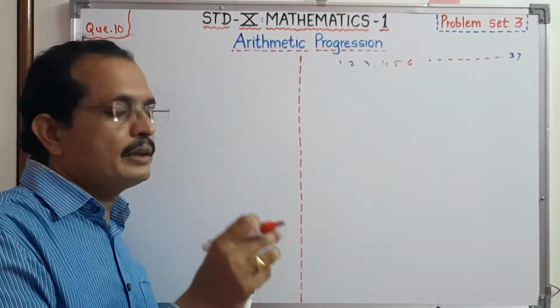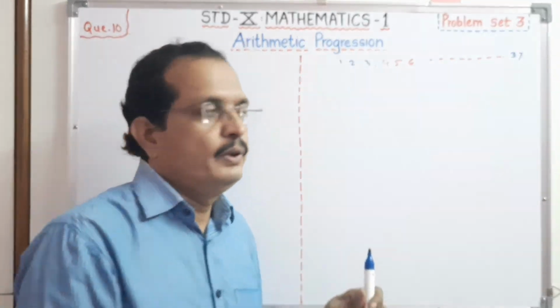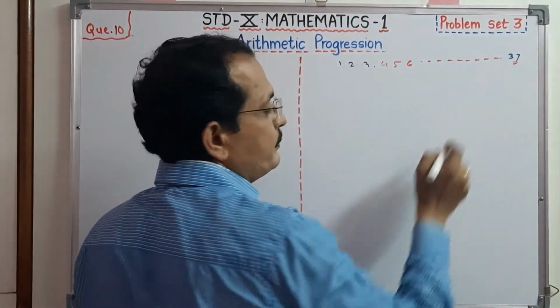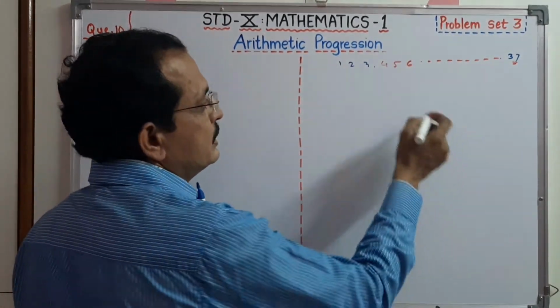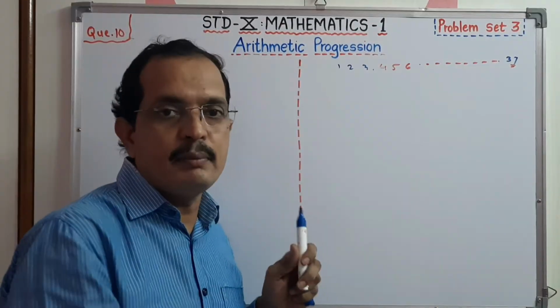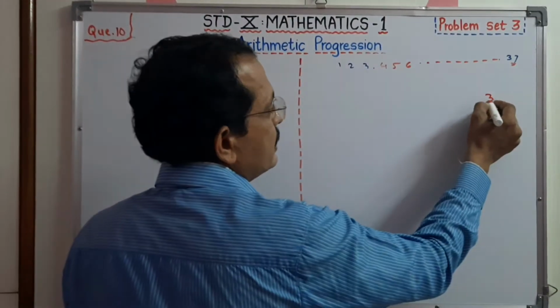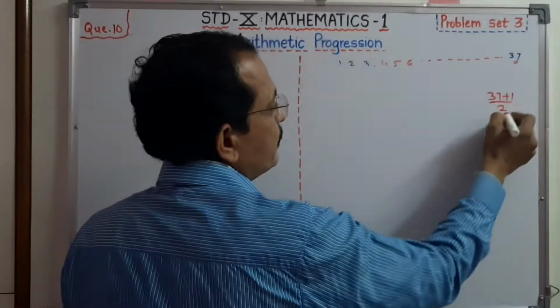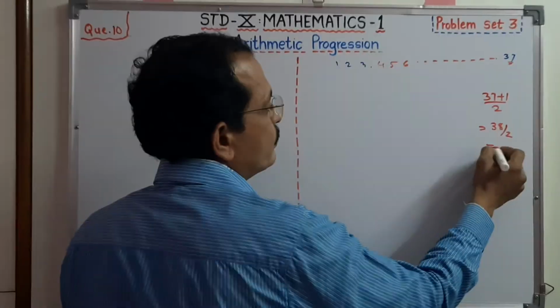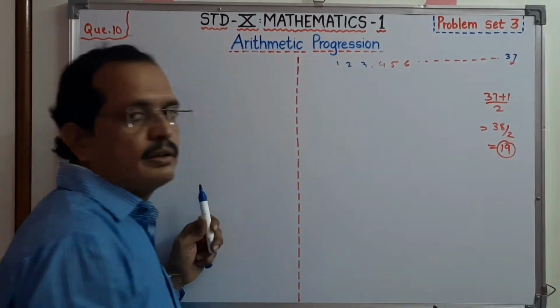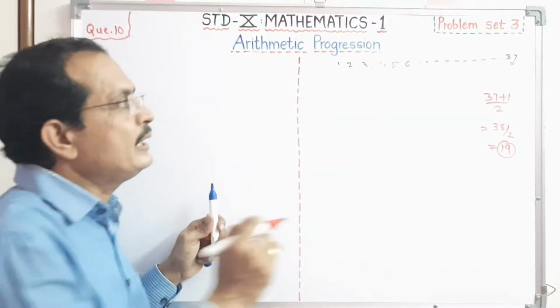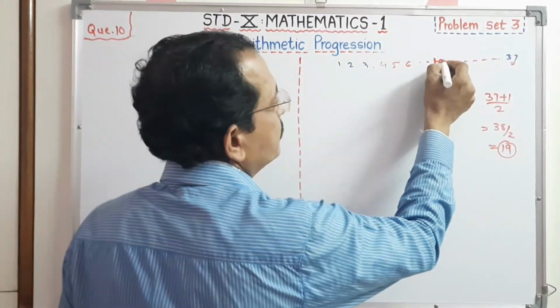Exactly middle 3 terms. Now see here, it is 37. If we have to find the exactly middle term, then it is 37 plus 1 divided by 2, that is 38 upon 2, which is the 19th term. That means the exactly middle term will be the 19th.